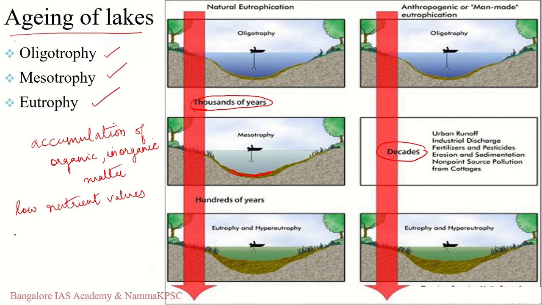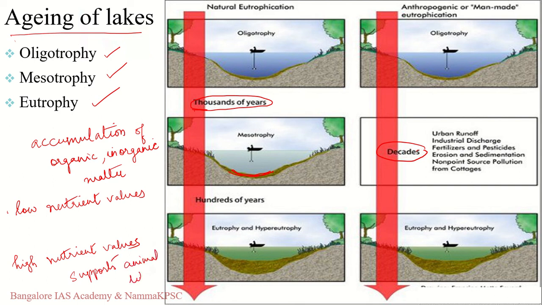Compared to these, eutrophic lakes are characterized by high nutrient values, which allow algae growth and may support animal life which feed on them. Now, the mesotrophic lakes form a transition zone from oligotrophic to eutrophic lake.